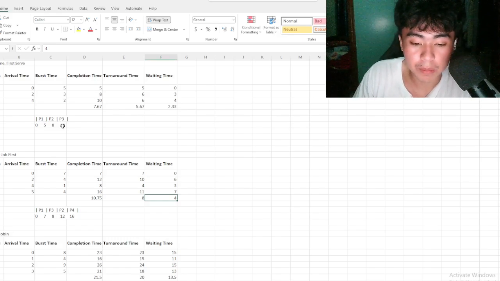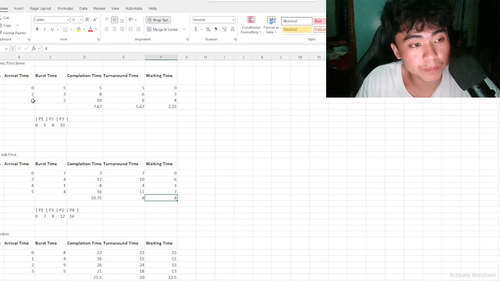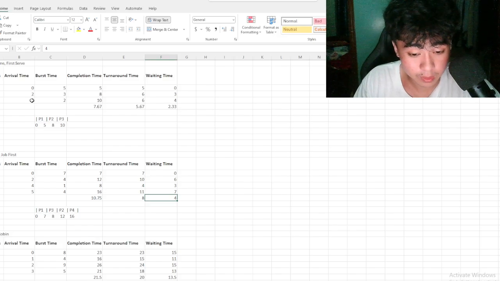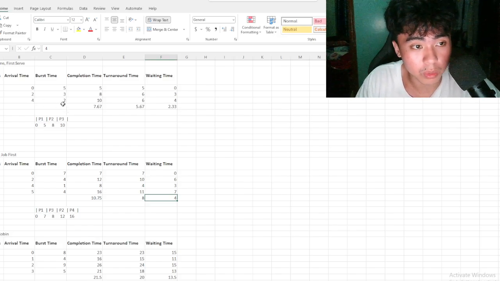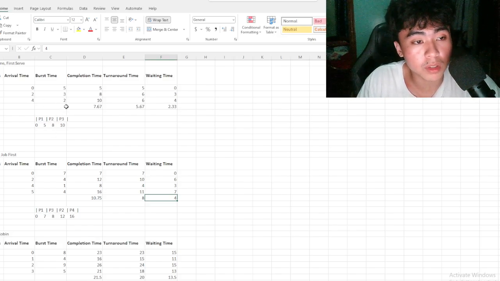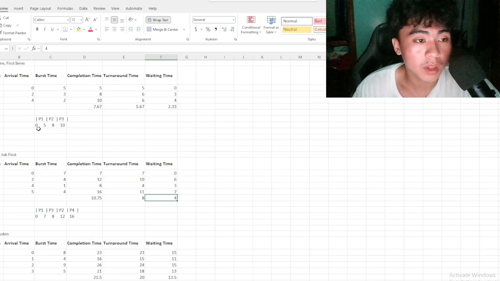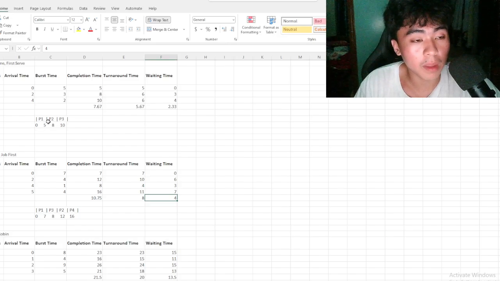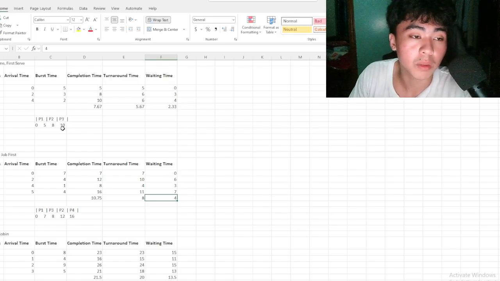The arrival time of P3 is 4 and the burst time is 2. So 8 plus 2 is 10. To get the completion time, we just take the endpoint of P1, P2, and P3: P1 ends at 5, P2 ends at 8, and P3 ends at 10.